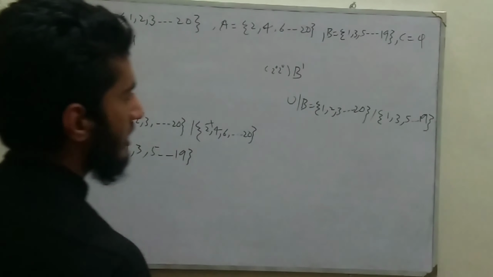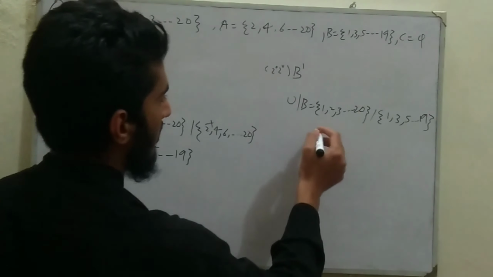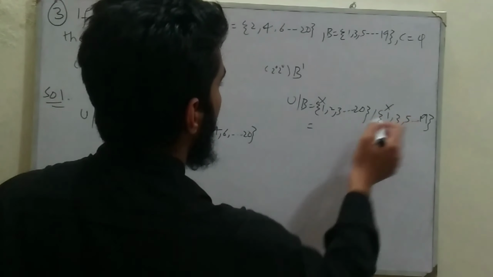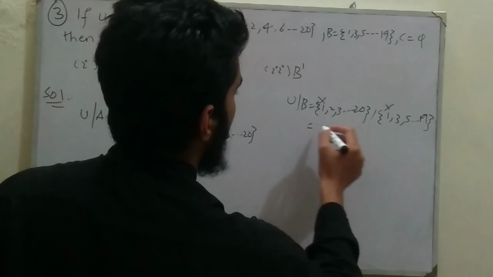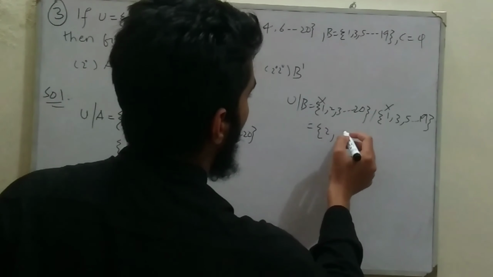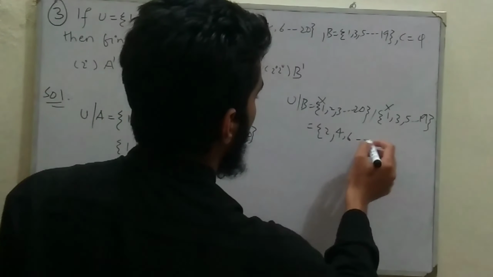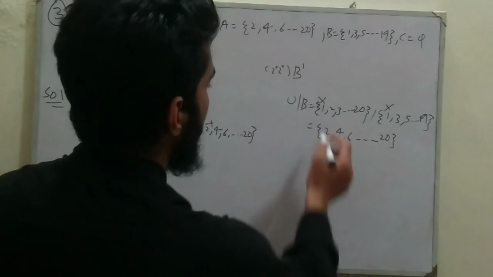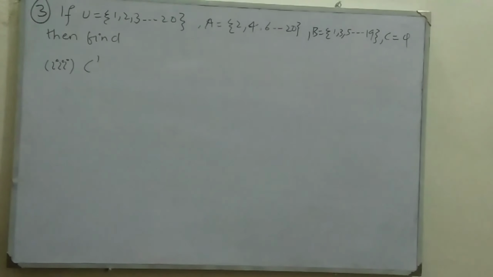All those elements which are included in the first set and not included in the second set will be our answer. 1 is included in both sets, so this is not in the answer. 2 is included in the first set and not in the second, so it is in the answer: 2, 4, 6 and so on up to 20. This is the complement of B. This is the answer.